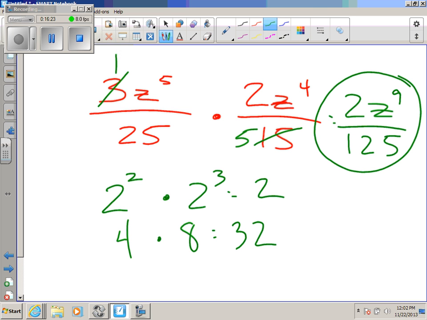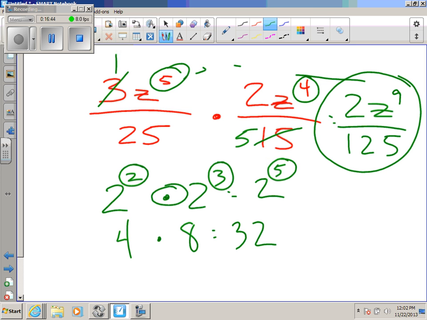If 2 to the third is 8, 2 to the fourth is 16, 2 to the fifth is 32. What happened with the 2 and the 3 to get the 5? We added them together. So even though we're multiplying, we will add the powers together to get the 9. Okay? So that's why it makes sense when we look at the powers of 2.